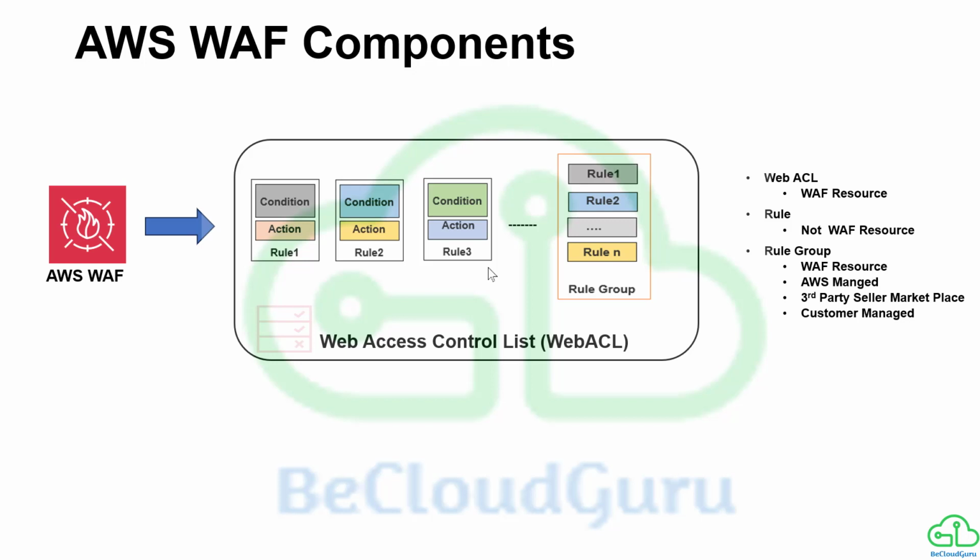These rule groups can be AWS managed or from third-party sellers such as Palo Alto and Fortinet. You can find those rule groups managed by these third-party vendors in AWS Marketplace, and you can also define your own rule groups as well.